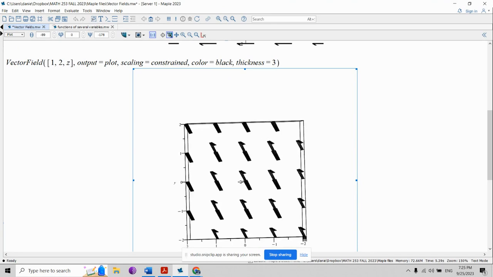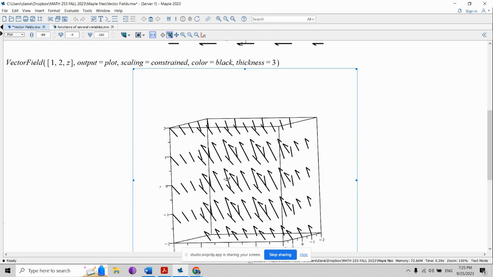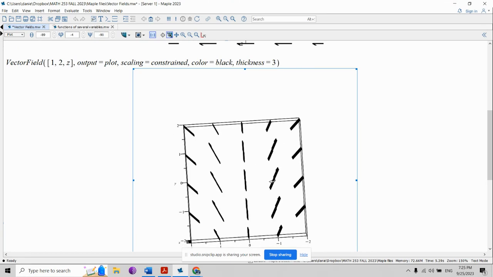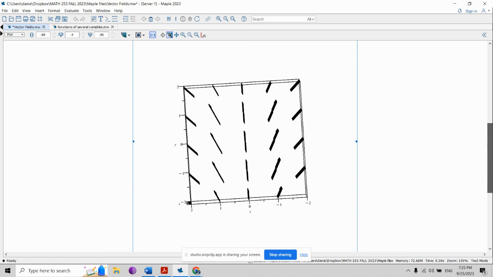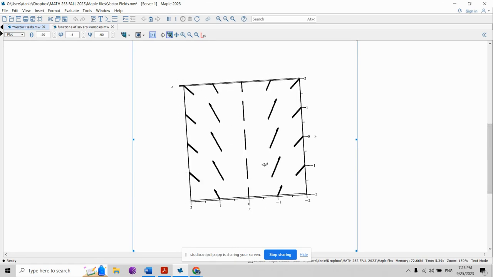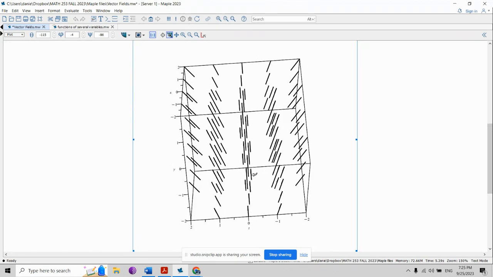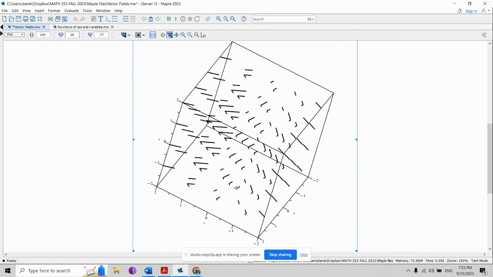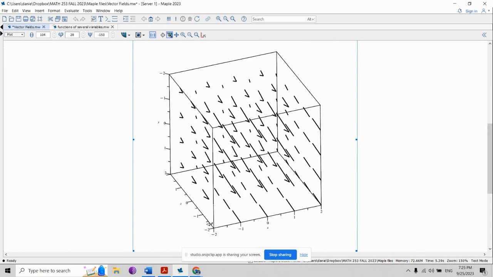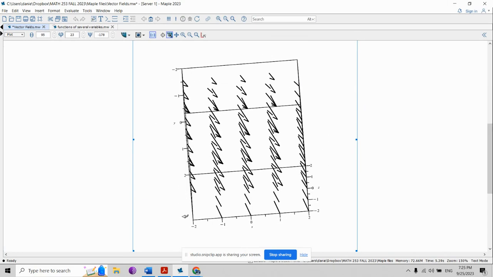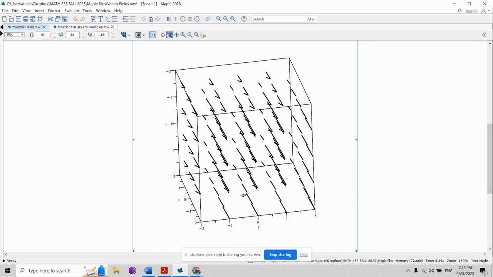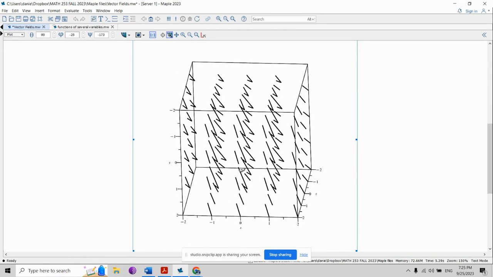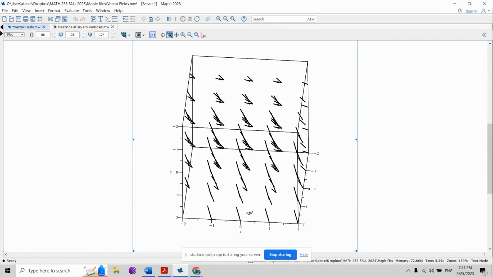Let me see if I can make the positive y upward. No, I don't rotate it. I want to have x on the bottom, and then y. Just a second.